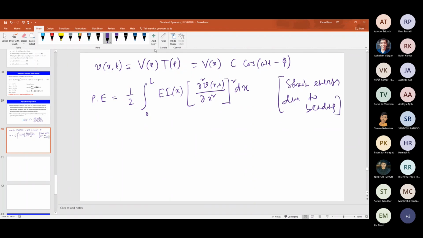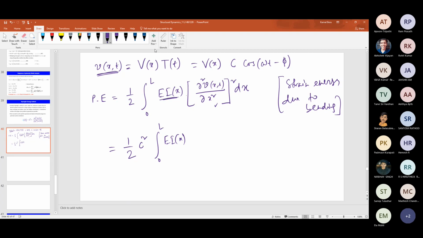Now I can substitute v(x,t) here. C is my constant, so half will be there, and I take the two derivatives of v. C squared is a constant outside, then the integral from 0 to L. Let us keep EI(x) inside, as it can be a function of x; if it is uniform, then it will come out.